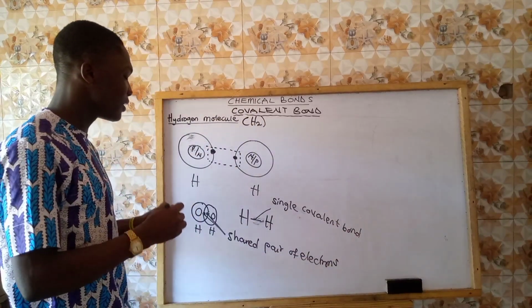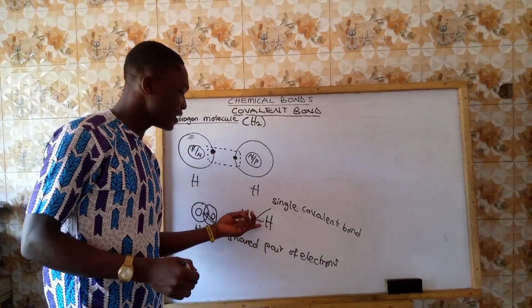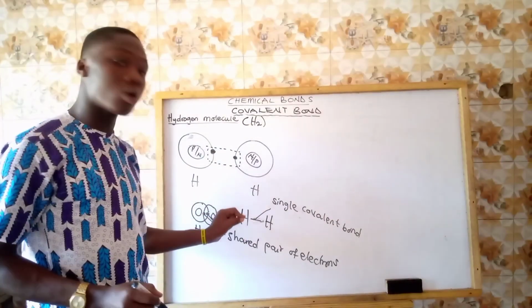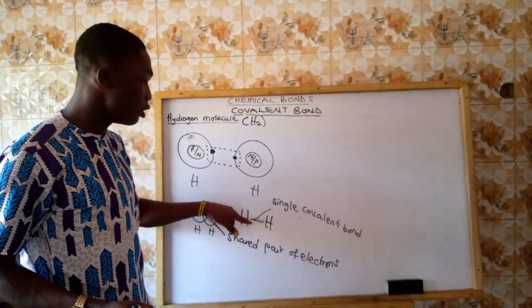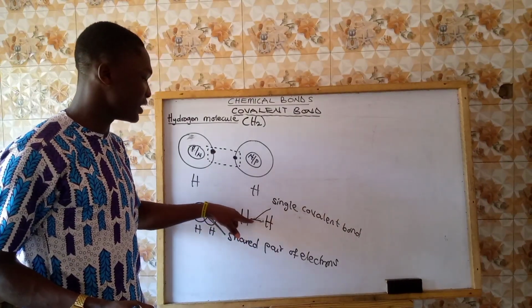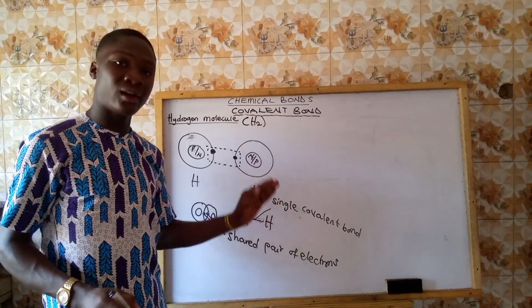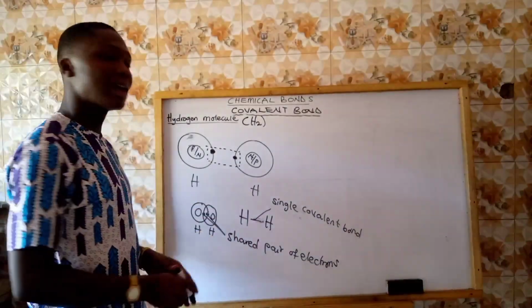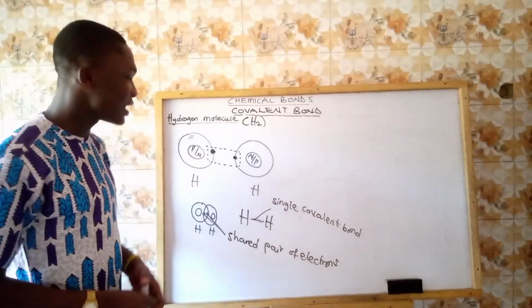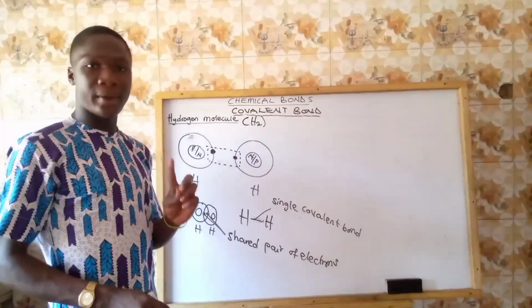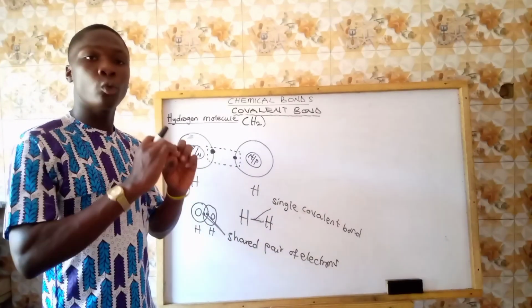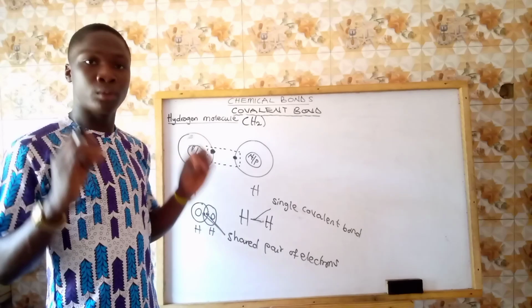So this dash here is showing the covalent bond. Since we have only one dash here, it is a single covalent bond between these atoms. Note that one shared pair of electrons will form one single covalent bond.